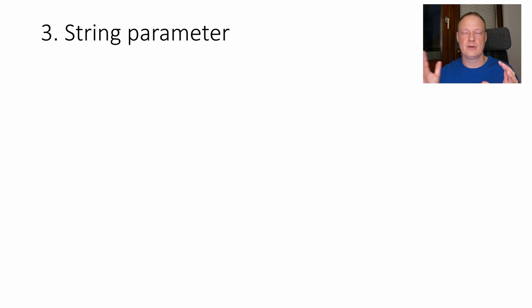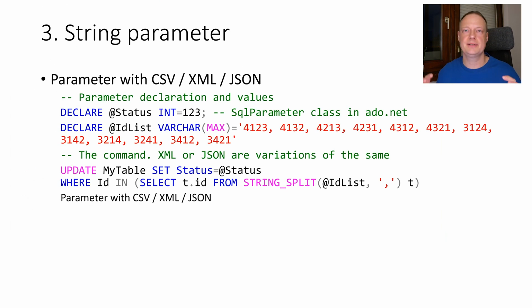How to fix this variation in the number of parameters? We will use a single parameter, which will be a comma-separated value string, or one XML value with many IDs inside, or one JSON string with many values inside. So that's the one parameter.